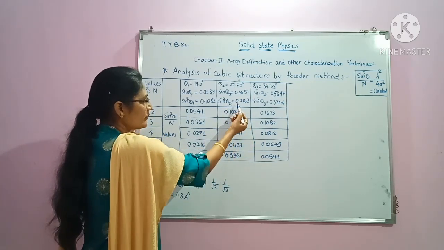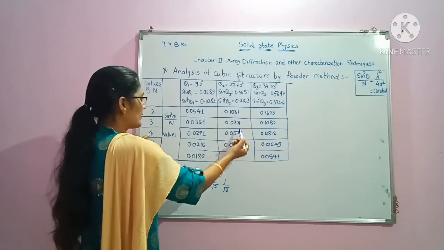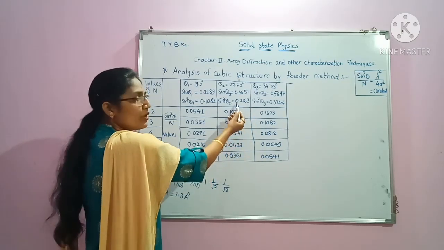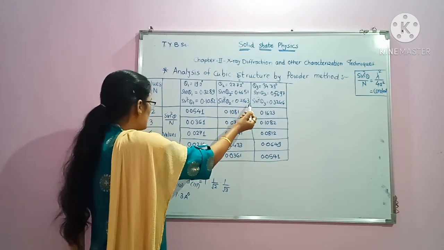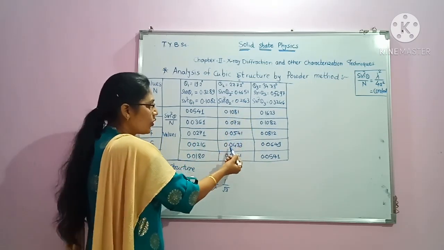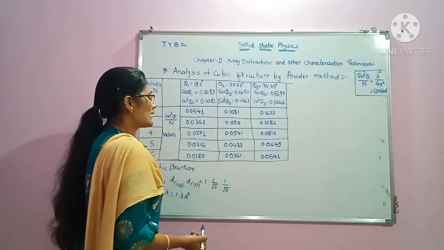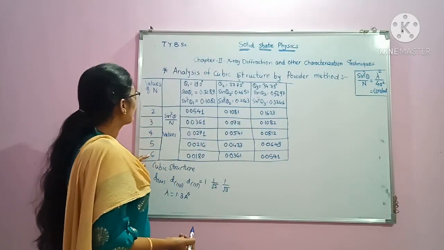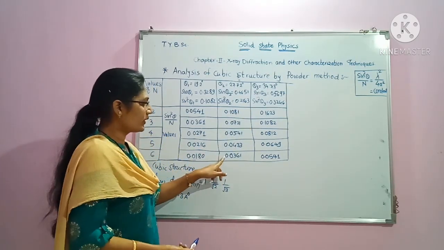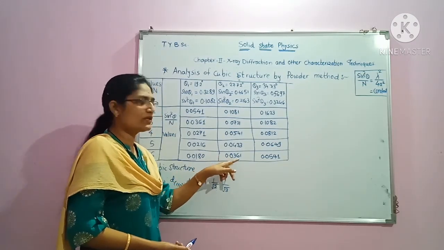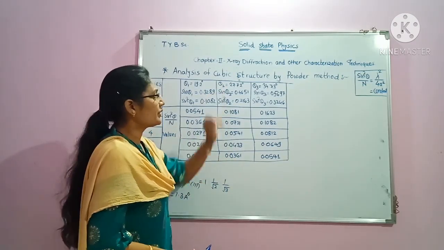Then 0.2163 divided by 4, then divided by 5, we will obtain these values. And lastly, 0.2163, that is sin square theta 2, divided by n as 6 will give us 0.0361 for theta 2.